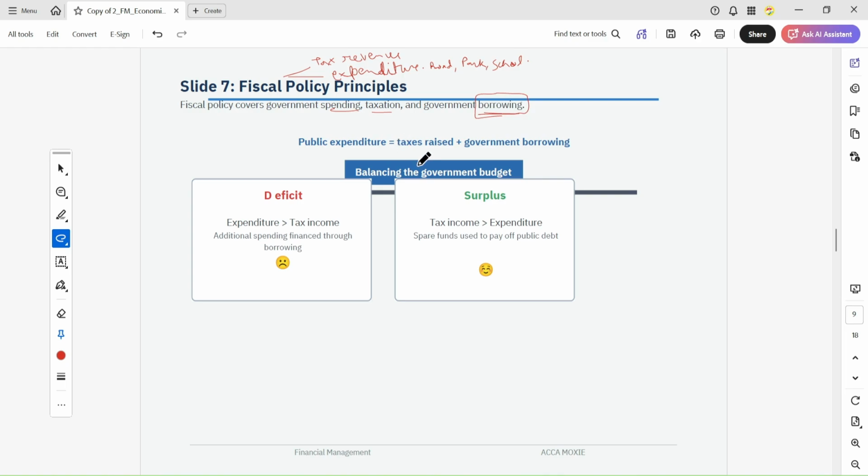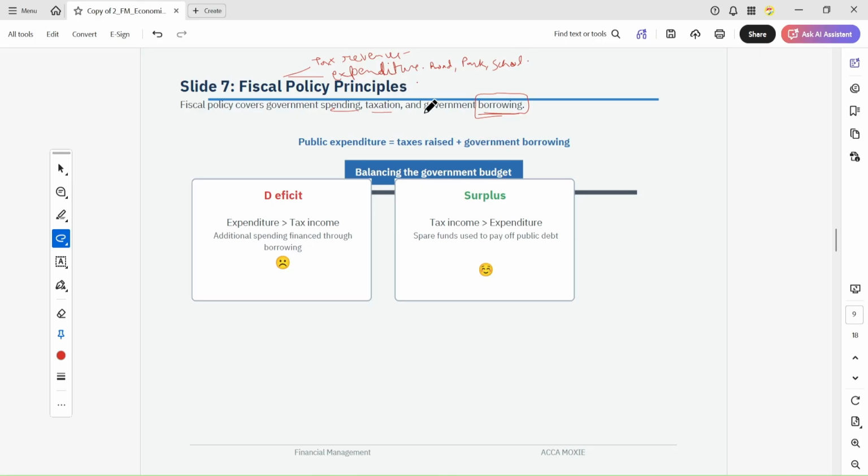Okay, so in this policy we will try to balance the tax revenue and the expenditure. But what happens is that either we spend more or we spend less.